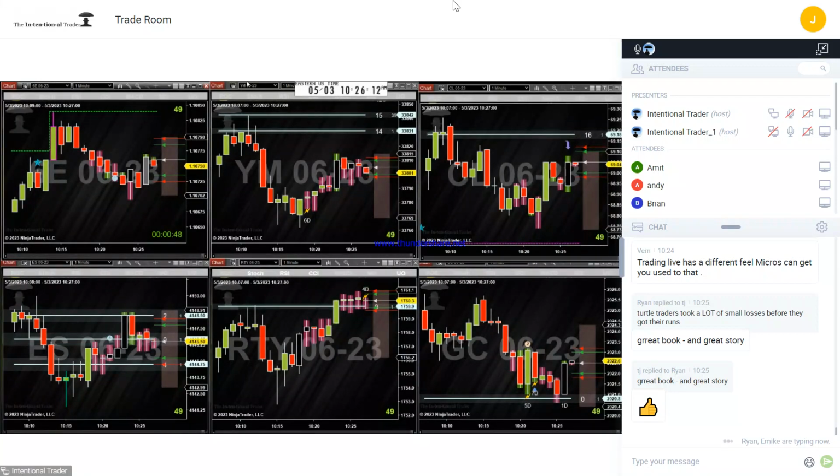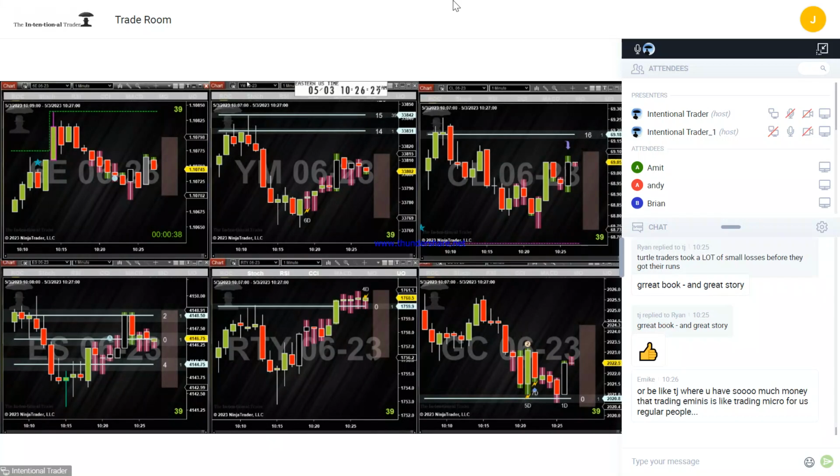You're going to get excited, you're going to get nervous, you're going to have all of those emotions, hopefully not for very long because the trades are really short, which is also another benefit because you don't have a chance for all of those chemicals to hit your brain and affect you for very long.